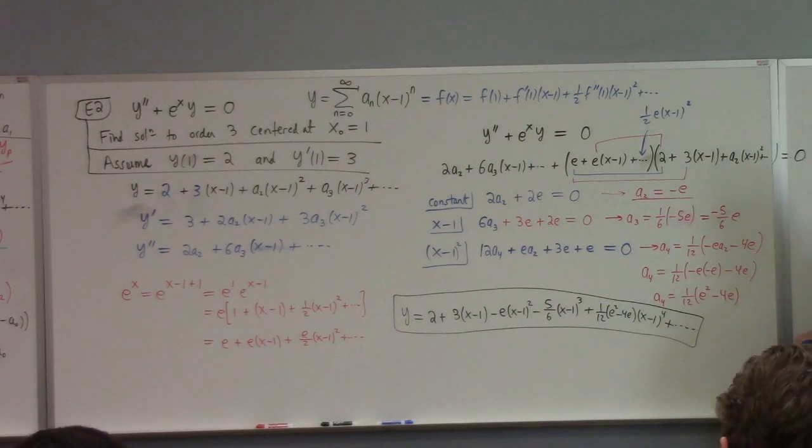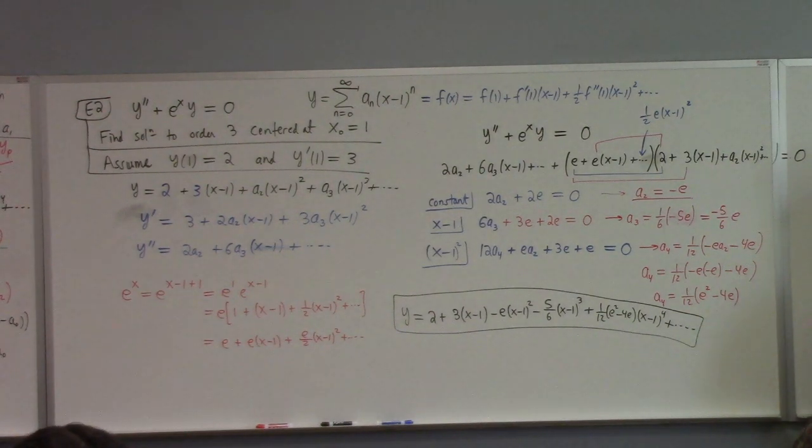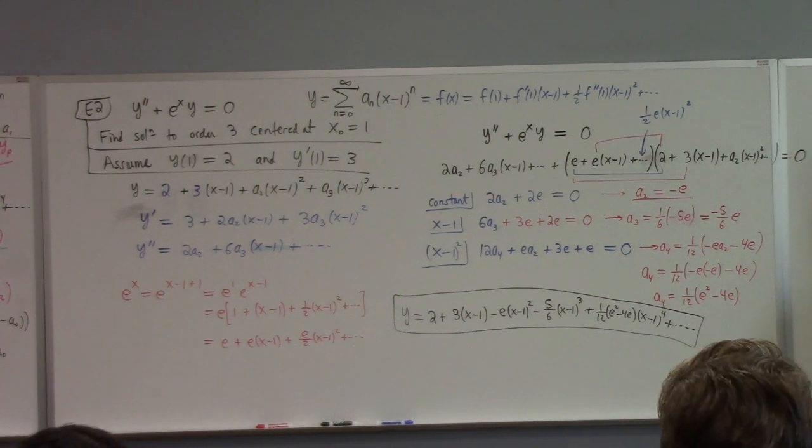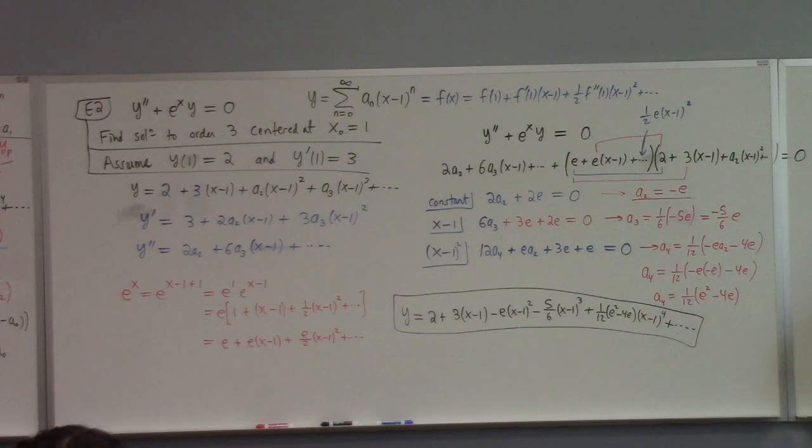If we have y prime prime plus, let's say, b of x, y prime plus c of x times y is equal to f of x, all right?